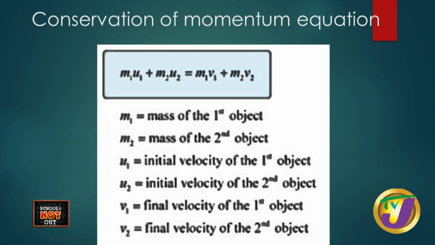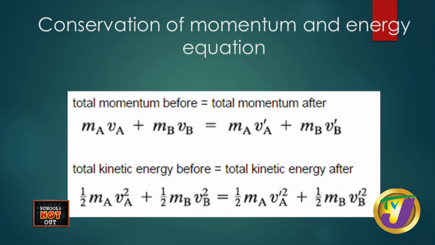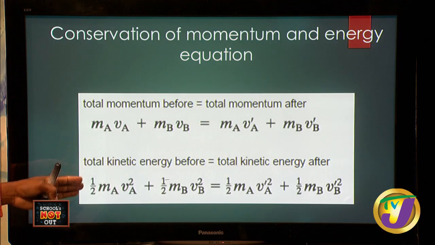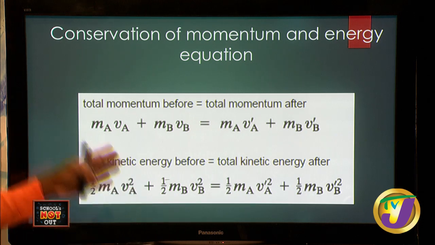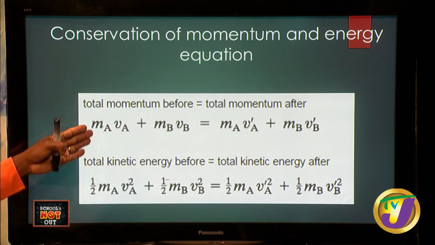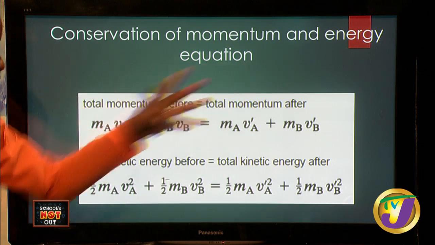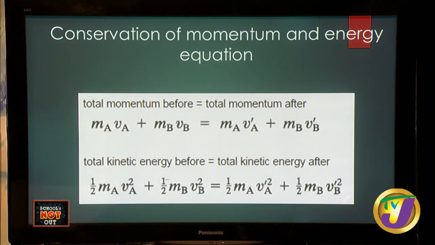So there are two objects, four terms: initial velocity and final velocity of both mass 1 and 2. When you add them like that, then the momentum will be conserved. And this equation talks about momentum and energy. This is the energy equation: half mass, velocity squared, momentum, mass and velocity of A and B, and so on.